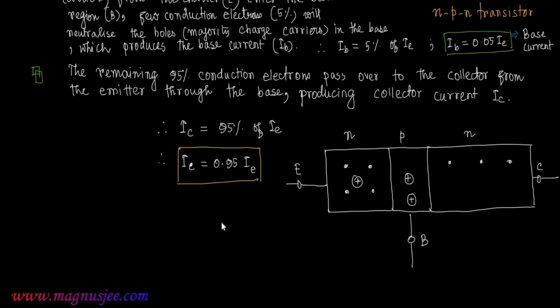These are the holes, and these are conduction electrons, which are the majority charge carriers in the N-type collector, and the minority charge carriers are holes.